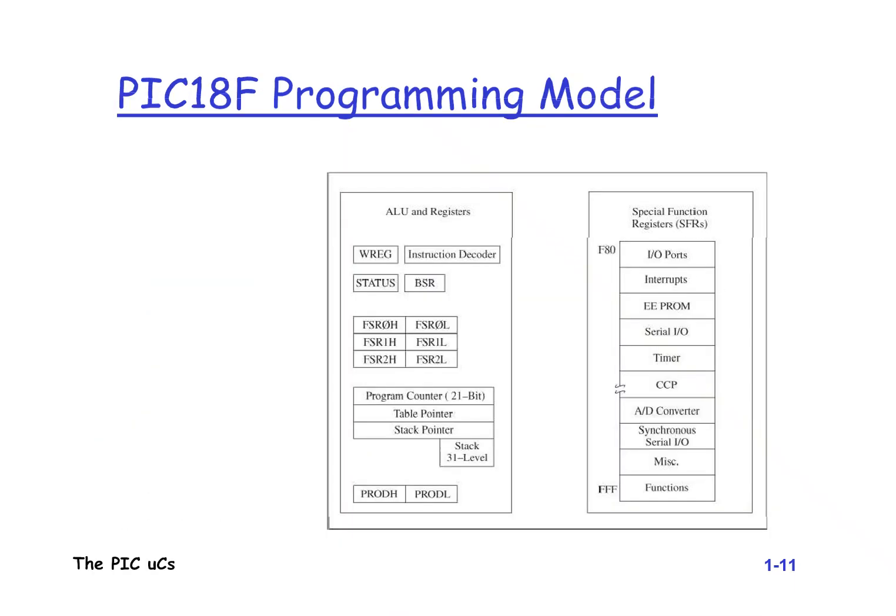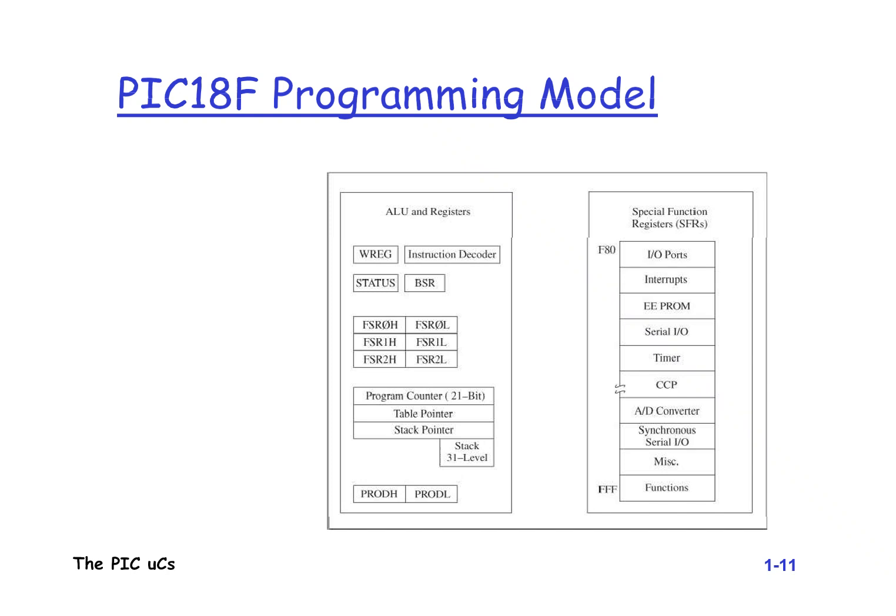As we discussed, registers can be classified into general purpose registers and the special function registers. These are the set of the special function registers that are available, including the input-output registers, the interrupts, the EEPROM registers, serial input-output, timers, and so on.